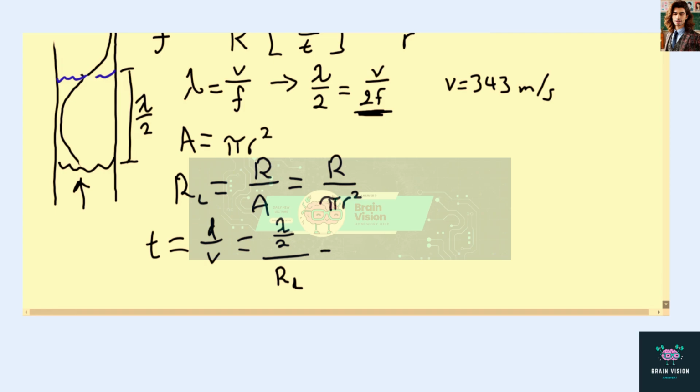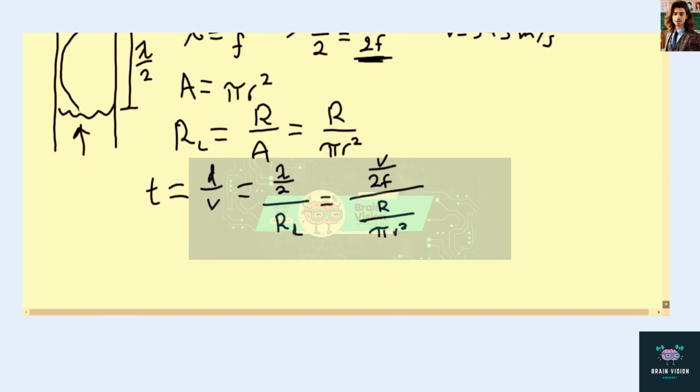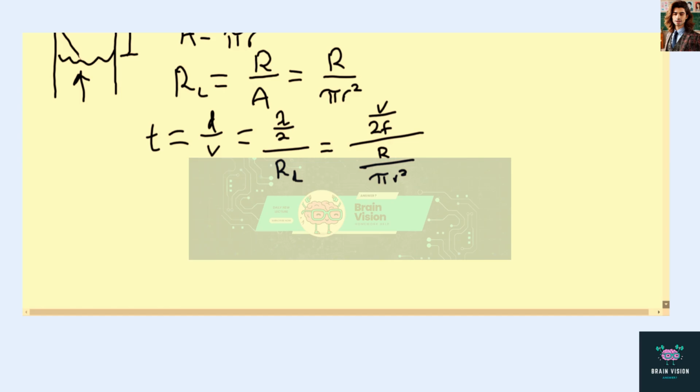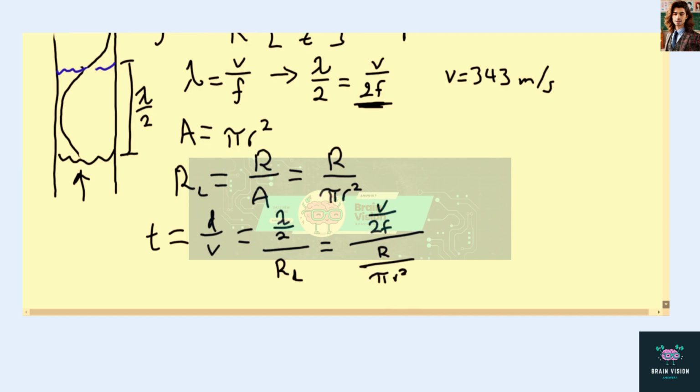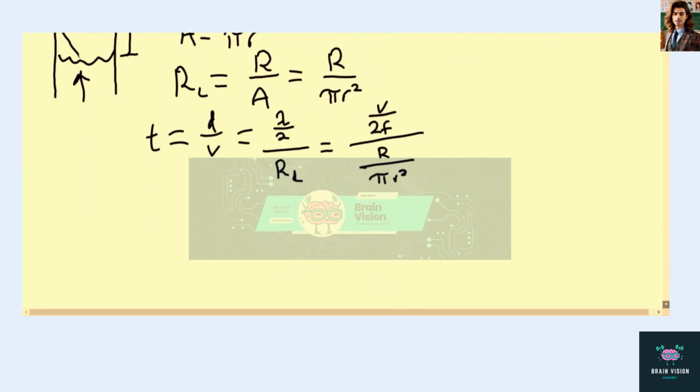Better. And we have expressions for lambda over 2 and R_L that use only the three variables that we had at the beginning. So lambda over 2, of course, is equal to v divided by 2f, and R_L is equal to capital R divided by pi r squared. And so now we can just go ahead and simplify this.